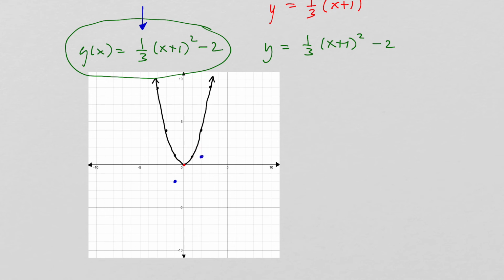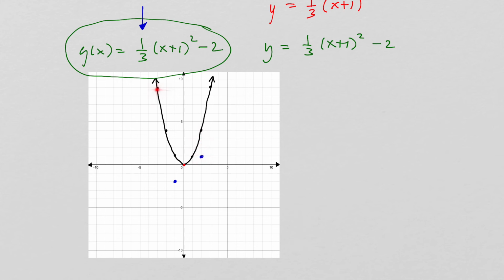Okay, so again, what I did is I picked a y value on the original graph, and I picked 9 because 9 is easy to multiply by 1/3. 9 times 1/3 is 3. That brings us down to this point here. That takes care of the compression. But then we have to shift that point to the left 1 unit and down 2 units.